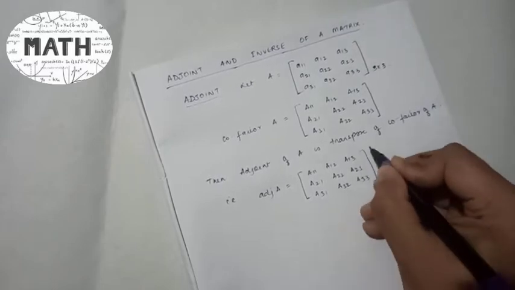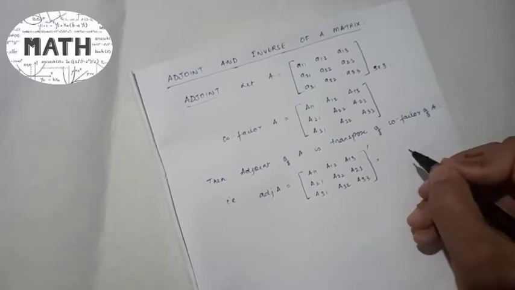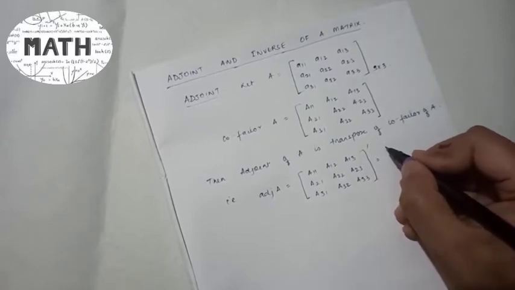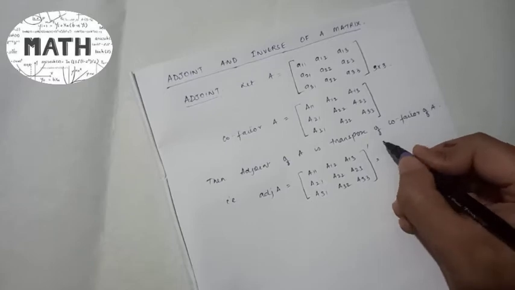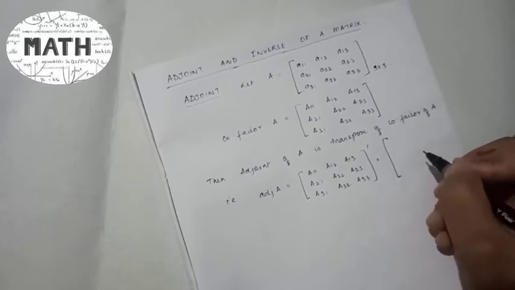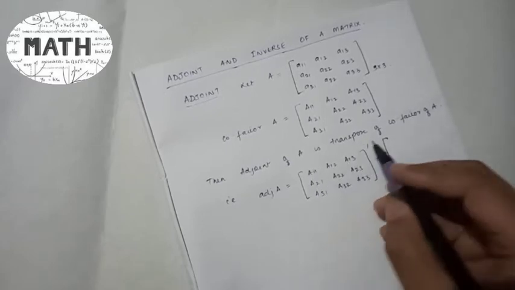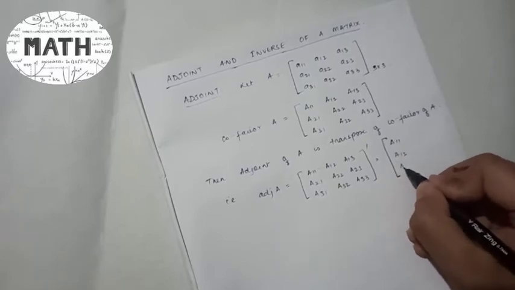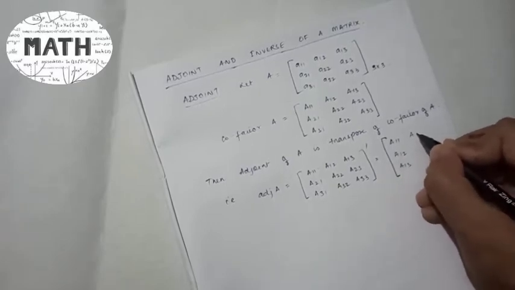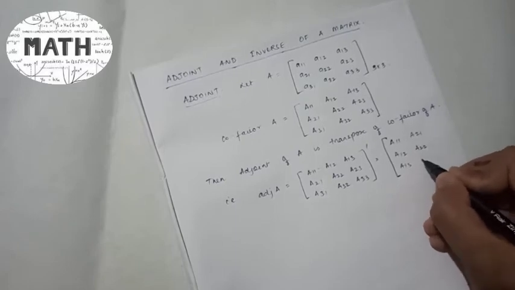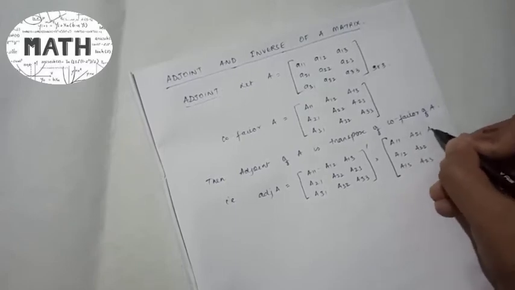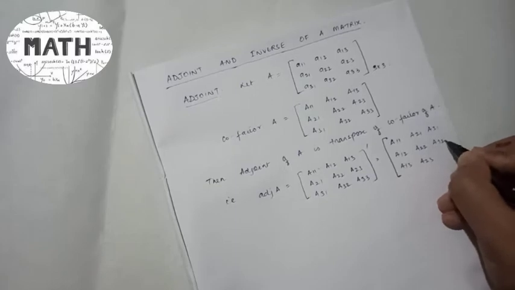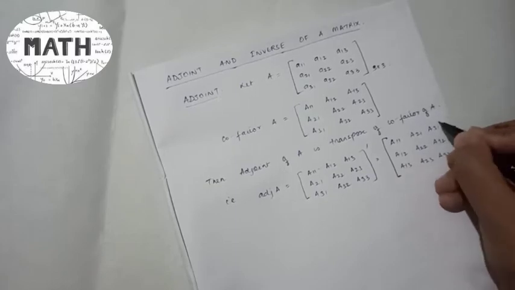So it will be the transpose of the cofactor. We have studied transpose in exercise 3. A transpose means nothing more than the rows will change into columns. So that will be A11, A12, A13, A21, A22, A23, A31, A32, A33.